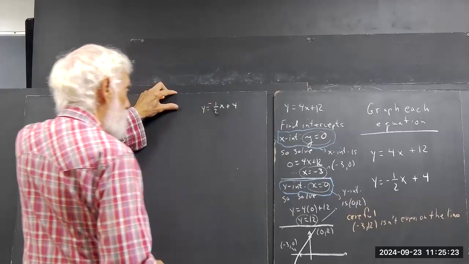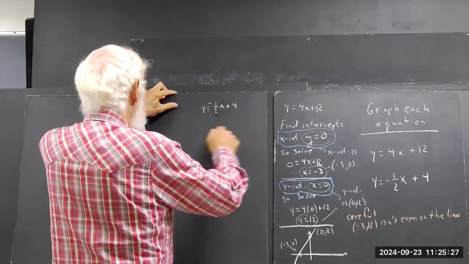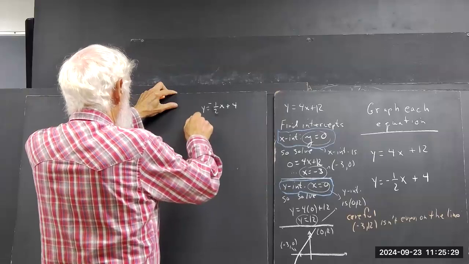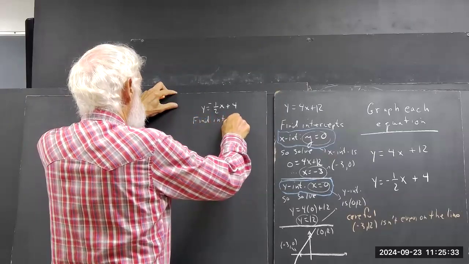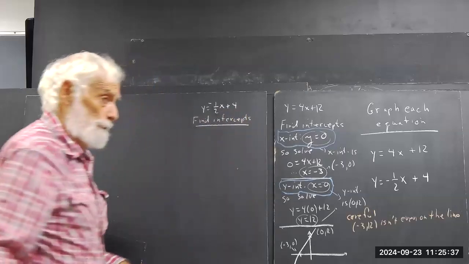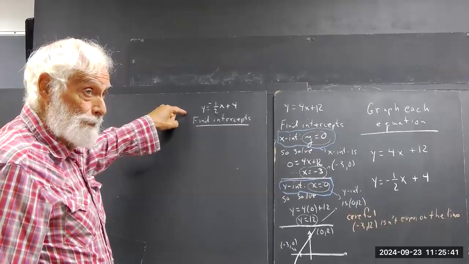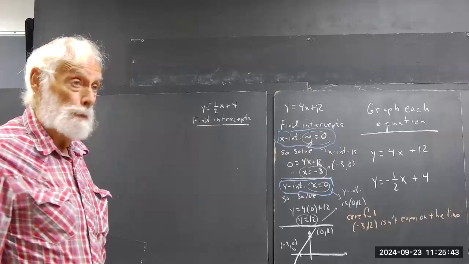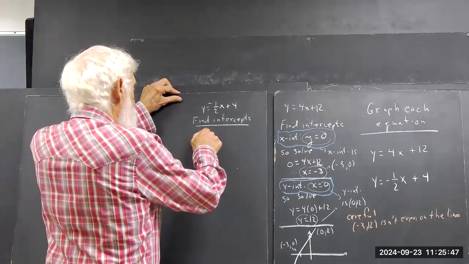Now, it's a good idea to write this, as it reminds you of what you're doing. Your method is to find the intercepts. Then all you've got to do is put them on the graph. So find the intercepts.